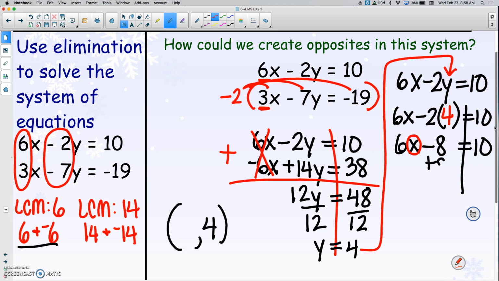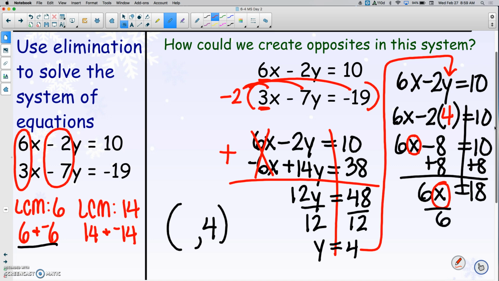I need to add the 8 first, which gets me to 18, and then divide by the 6. 18 divided by 6 is 3. So x equals 3. So these two lines intersect and they have one solution, 3, 4.